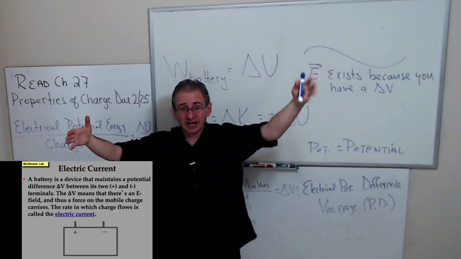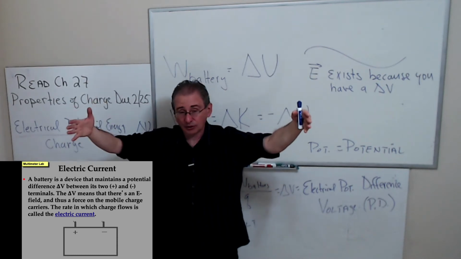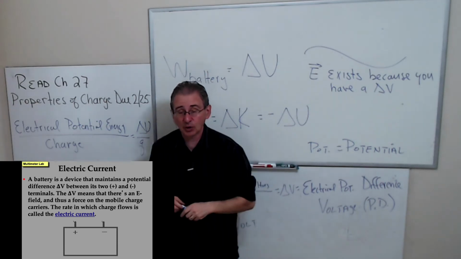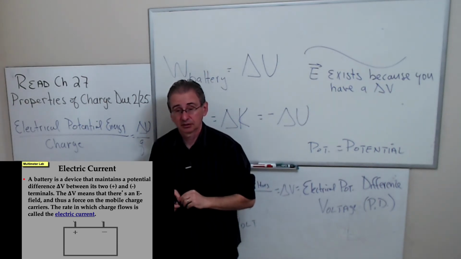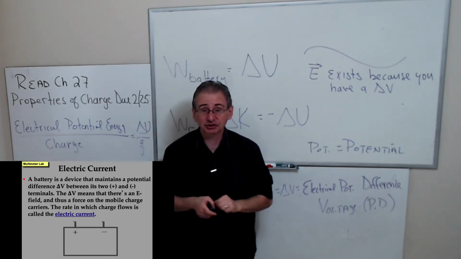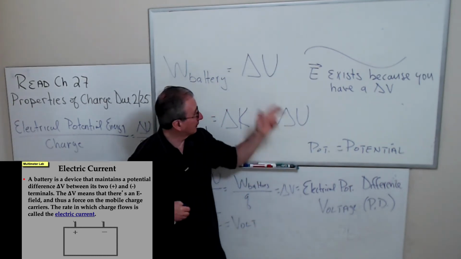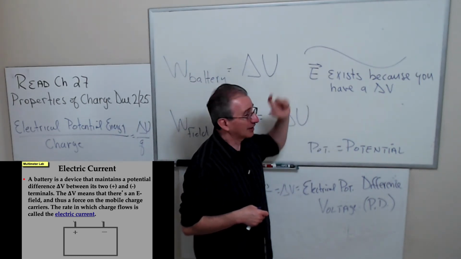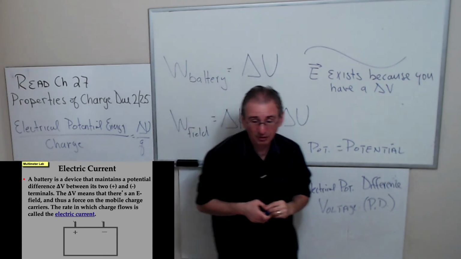If on this hand I have a higher pressure, on this hand a lower pressure, air is going to flow from the higher pressure to the lower pressure. That's analogous to our delta V. The delta V is going to set up an electric field that's going to allow the electrons to move through the wire.